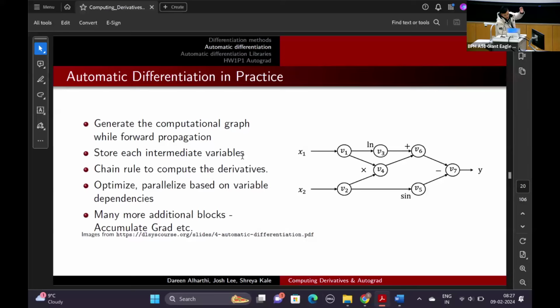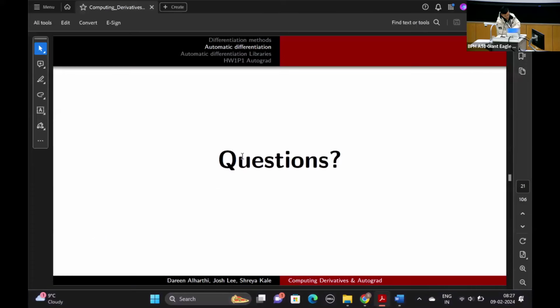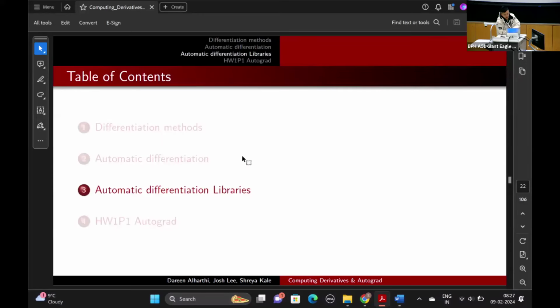So during the forward pass, what AutoDiff requires is that we store the intermediate step result of each specific step in the neural net. All right, this is a little redundant, and then we will get to the third part.